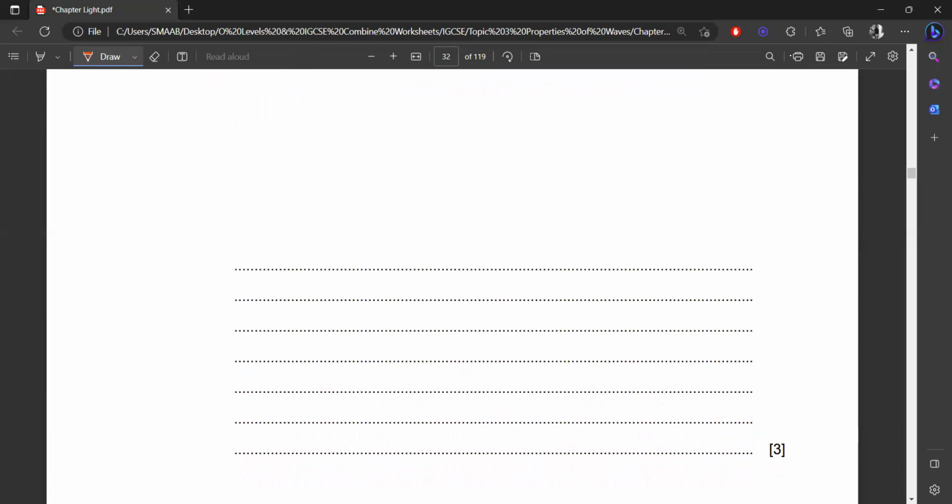So first of all, you need to write the name of the device, which is the endoscope.